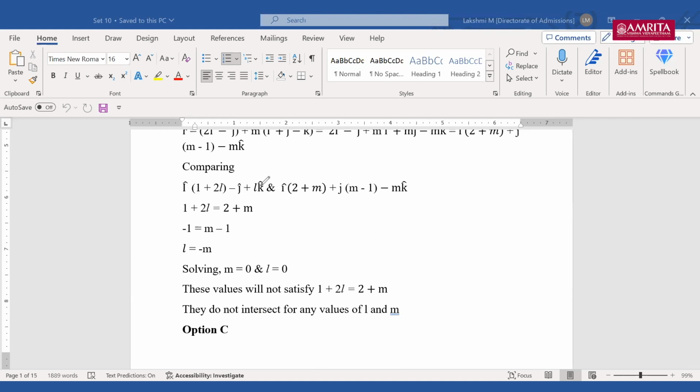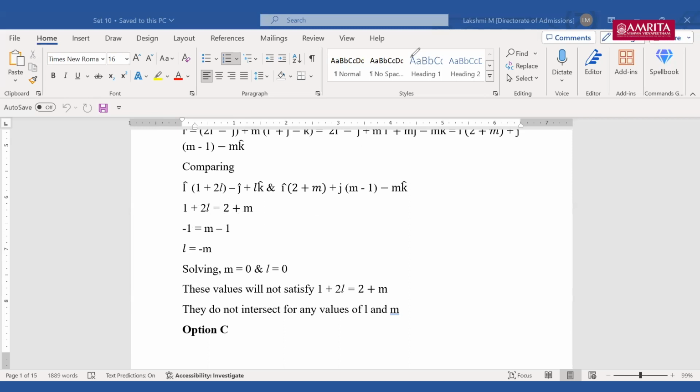Once you solve this, you'll get the values of M and L. Substituting, you get a result, but it is not in any of the options. So what we can understand is that the lines are not intersecting for any values of L and M.